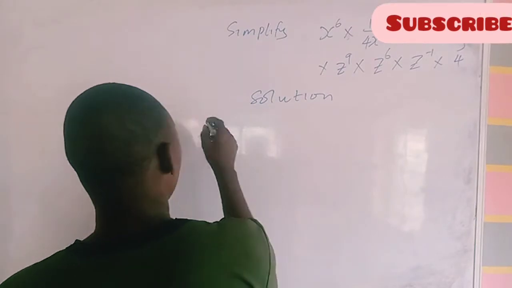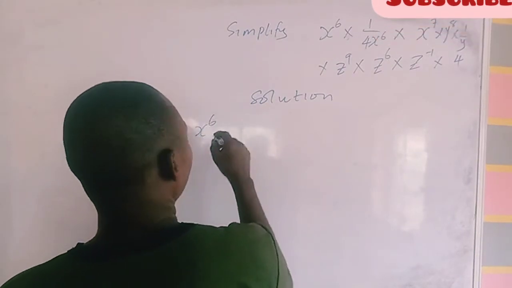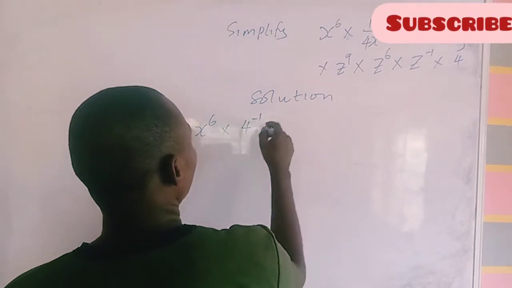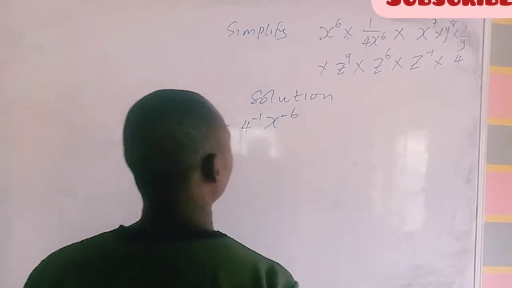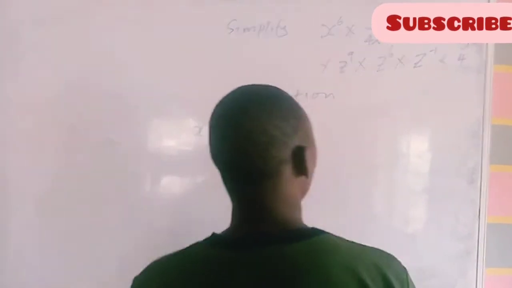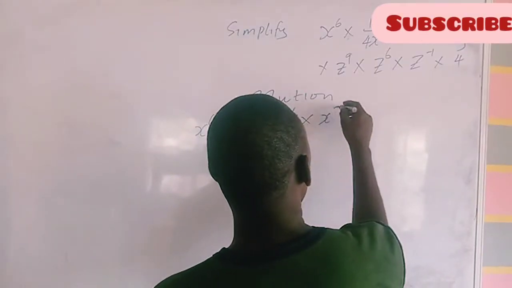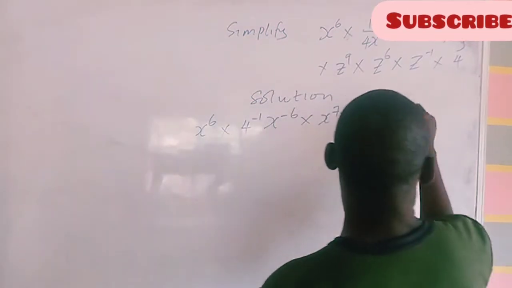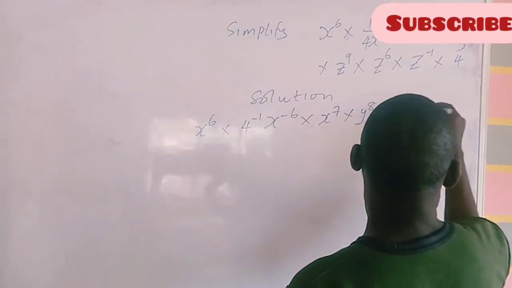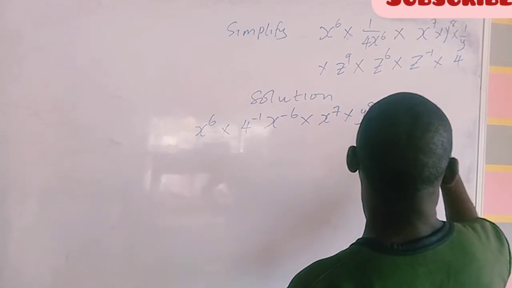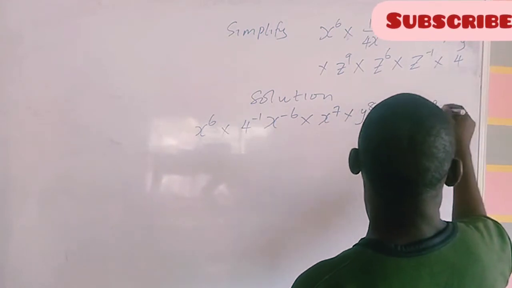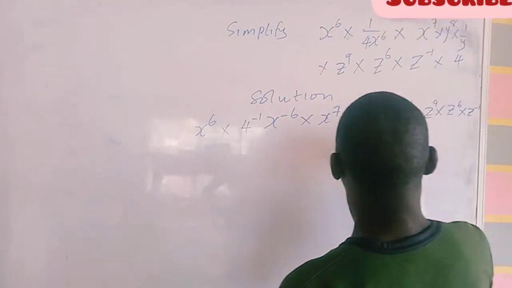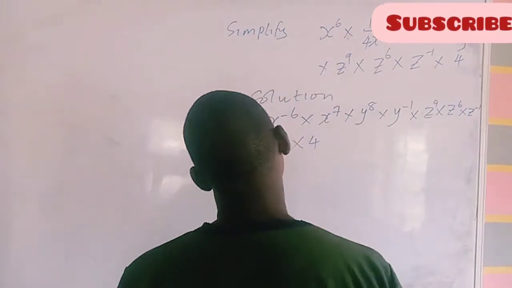So that means we have x raised to power 6, 4 raised to power minus 1, x raised to power minus 6, times x raised to power 7 times y raised to power 8 times y raised to power minus 1 times z raised to power 9 times z raised to power 6 times z raised to power minus 1 and times 4.